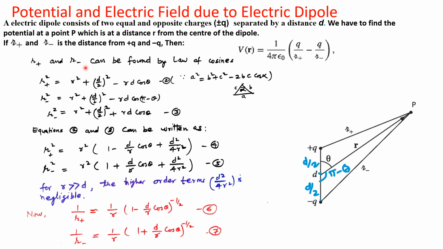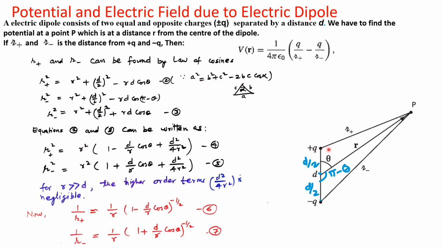So r plus and r minus can be found by the law of cosines. If we have a triangle with sides a, b and c, and alpha is the angle between b and c, then a square can be written as b square plus c square minus 2bc cos alpha. This is known as the law of cosines for a triangle.